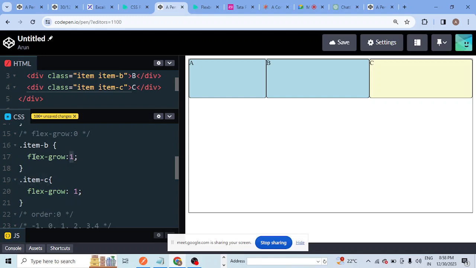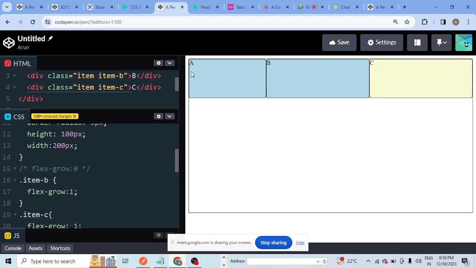Out of two, one fraction is given to B and one fraction is given to C, because there are only two items which have a grow value. For the first element it is 0.